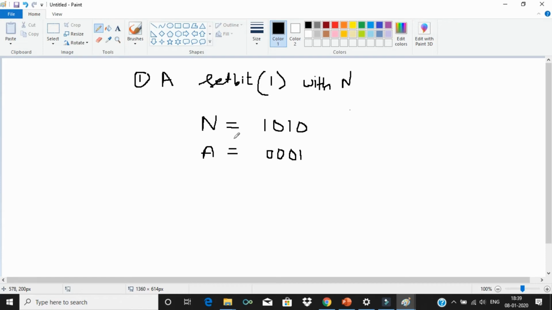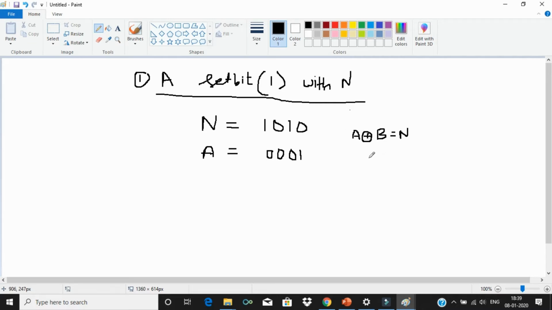So as I told you, N is this and A is this. To make you understand, A and N must have some common set bit. If they do not have any common set bit, then A XORed with B is equal to N. What if I XOR both sides with A?